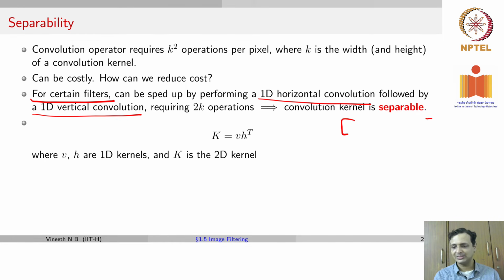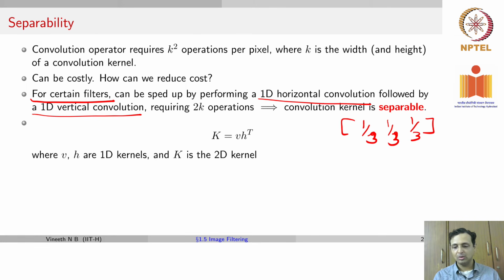A one-dimensional filter would be something like this: not 1 by 9, in this case it will become 1 by 3, 1 by 3, and 1 by 3. Because there are 3 values, if you're normalizing, it would be 1 by 3. This is a one-dimensional filter. What we saw as a block filter or a box filter was 1 by 9s in a 3 cross 3 location.